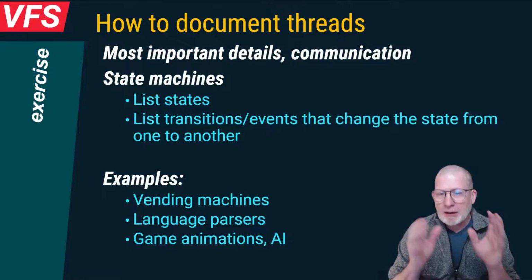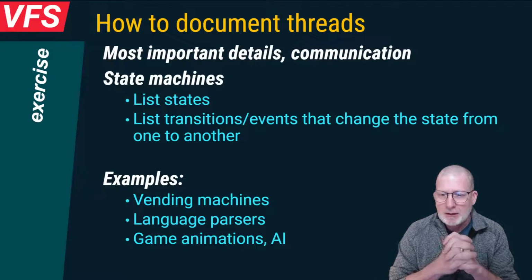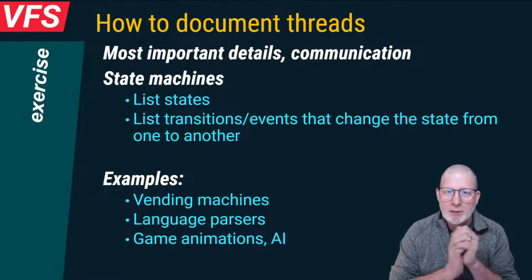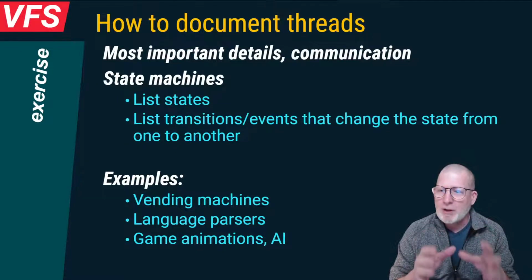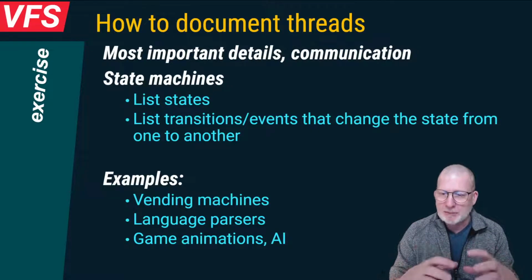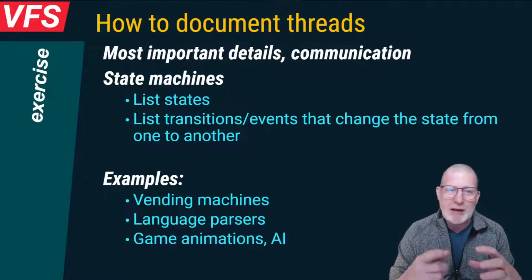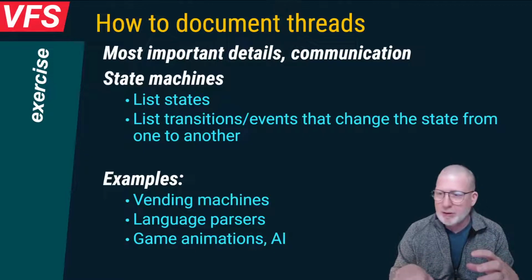I'm going to take a good break here. And what I want you to do when you're coming back from that break is to start thinking about how would we build a gas pump, like at a gas station? What states would it be in? And what are the things that change or transition its state? Okay, and we're going to diagram it with just some bubbles and some arrows.